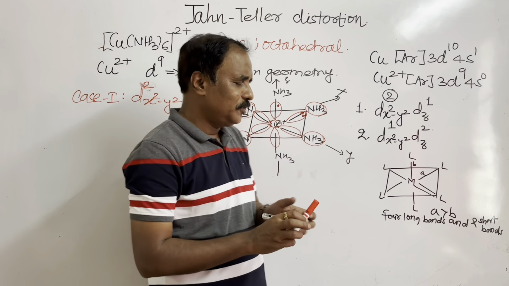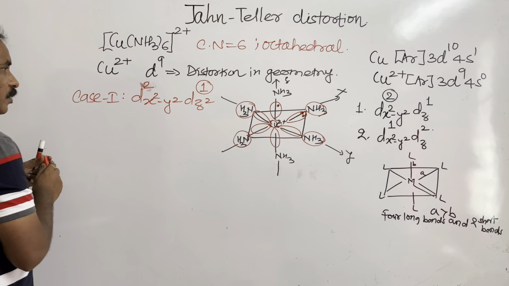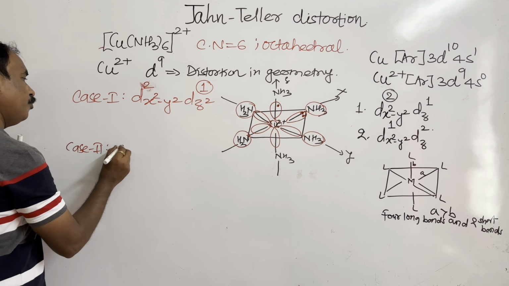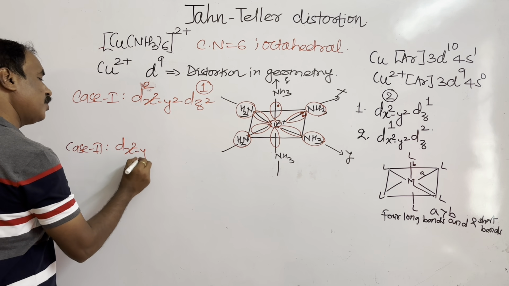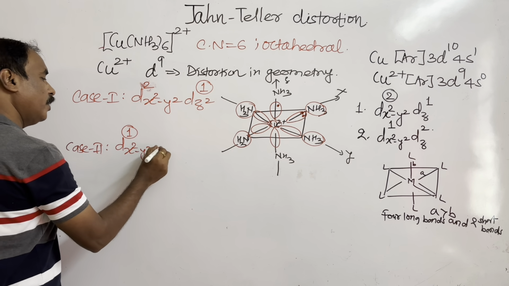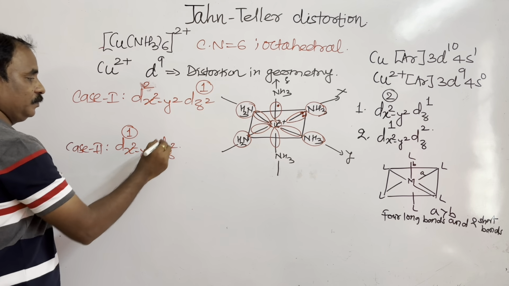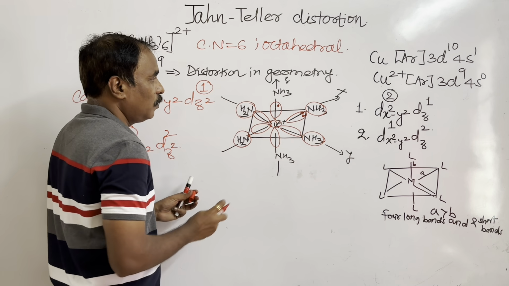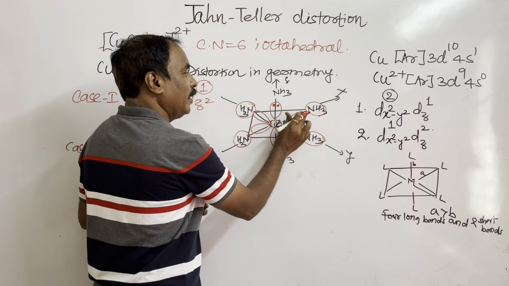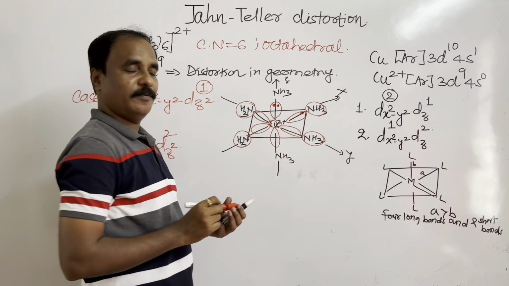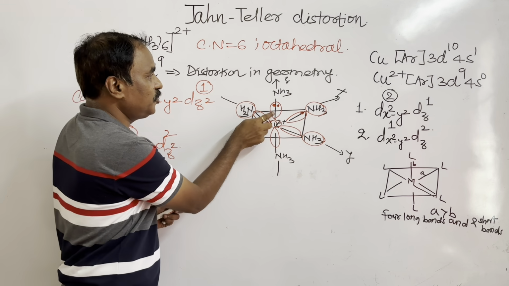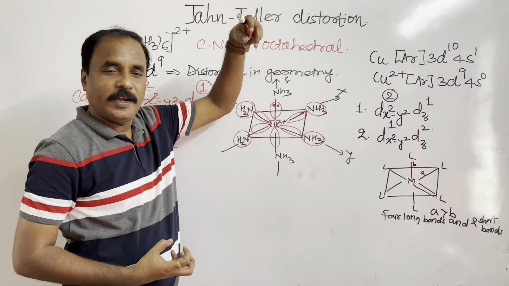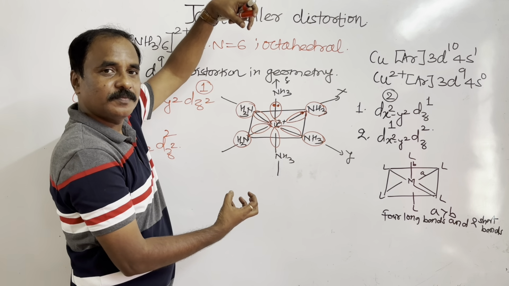Now what is case 2? When the unpaired electron is present in dx square minus y square, and in dz square the two electrons are paired. So there is a repulsion between dz square and these two ammonia, that is elongation, and a formation of two long bonds.